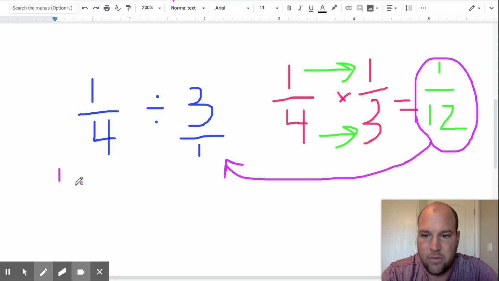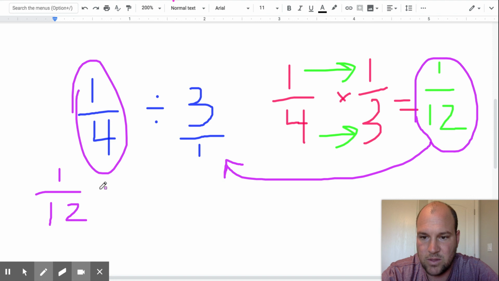If I get 1/4, then I'm correct. If I get my original first number here, then I'm correct. Let's see. 1/12 times 3, because that was our original divisor. I'm just going to do 3 over 1 so I know what I'm doing.